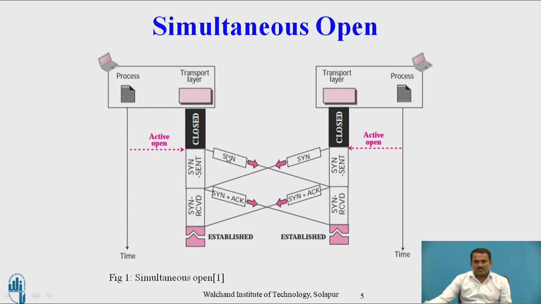The client side first sent a SYN, and the server side sent its own SYN plus ACK. Simultaneously, the client sends a SYN plus ACK in reply to the server's SYN.